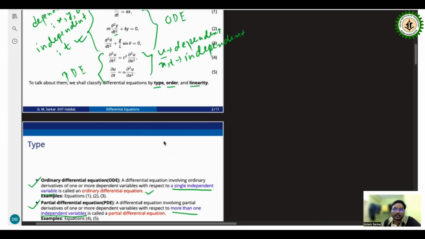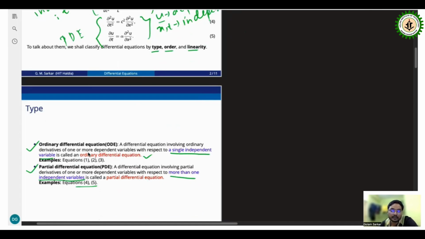Now, is it possible to have more than one dependent variable in a differential equation, whether it is an ordinary differential equation or a partial differential equation? Yes, it is possible. Take this example of a system of first order differential equations: dx/dt equals, say, 2x plus 5y, and dy/dt equals, say, 3x plus 2y.